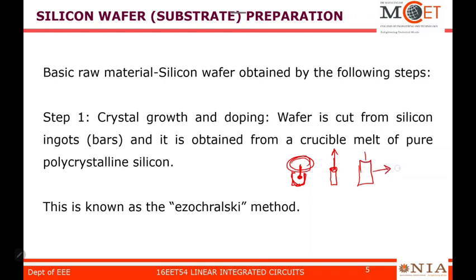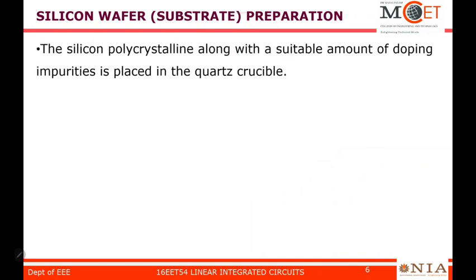Then we call it a silicon boule. That is what the Czochralski method is doing. After making this silicon boule, it is trimmed and sliced. After slicing we will get the silicon wafer.